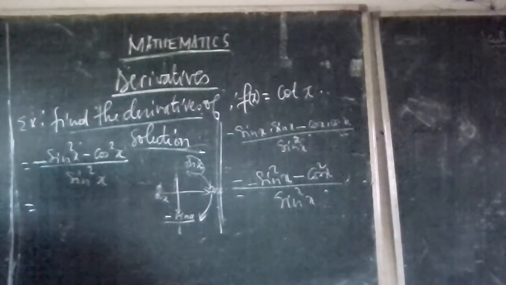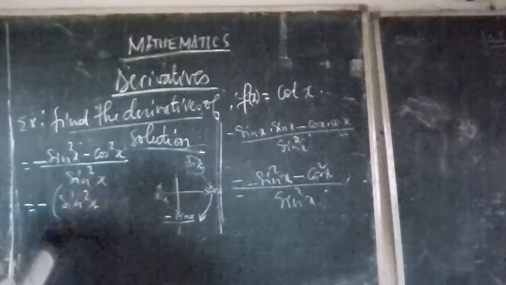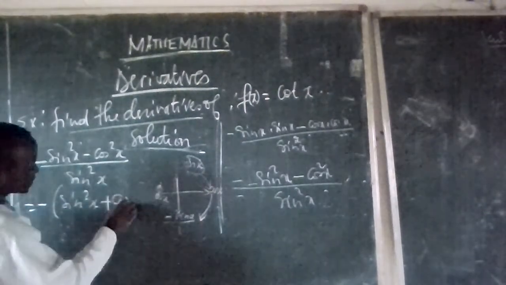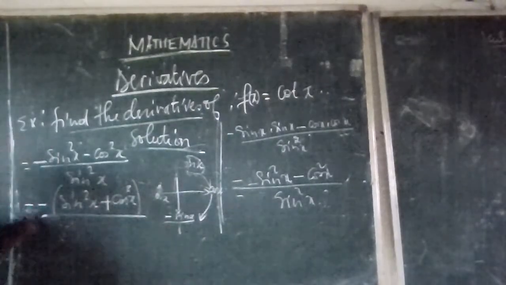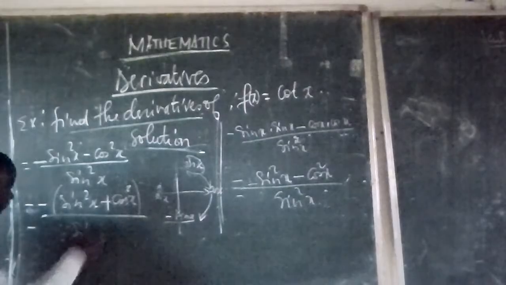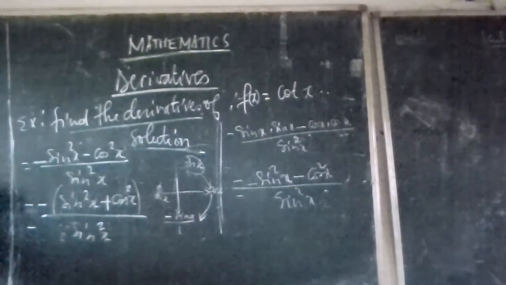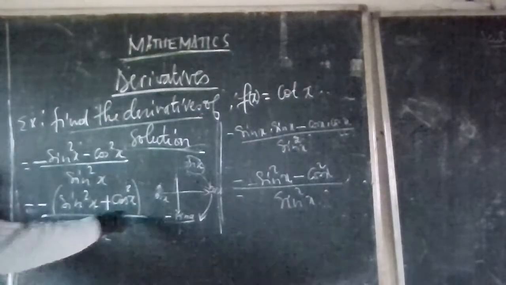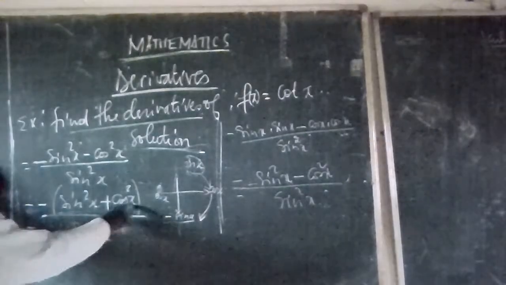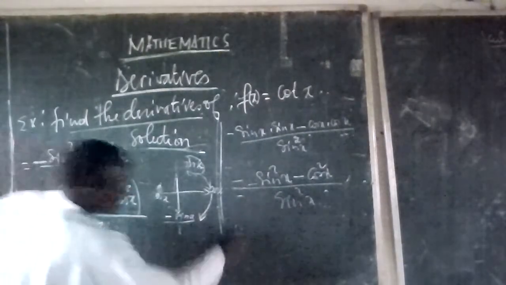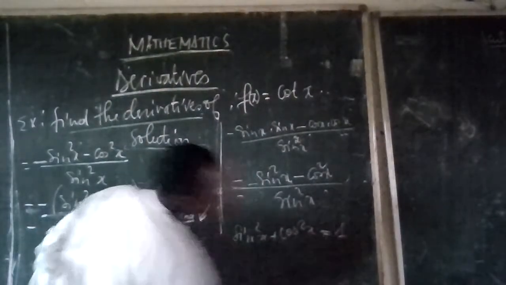Then finally we have minus, open a bracket, sine square x plus cosine square x, close the bracket, over this sine square x. Now remember, I have showed you, if you have sine square x plus cosine square x, it will be equal to 1.